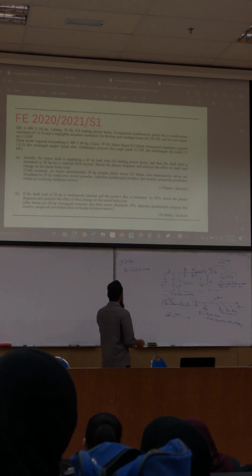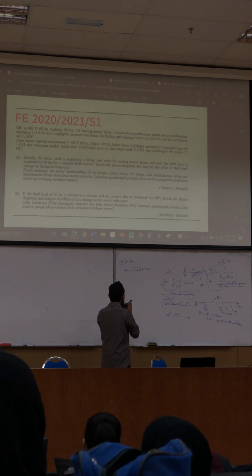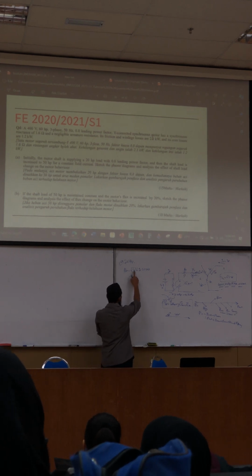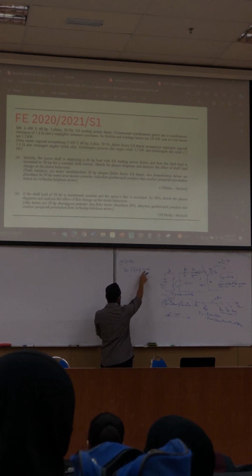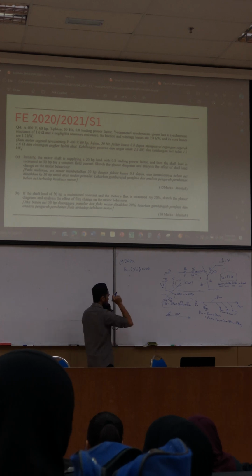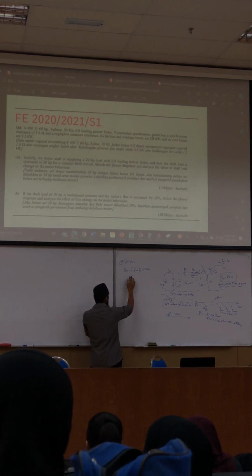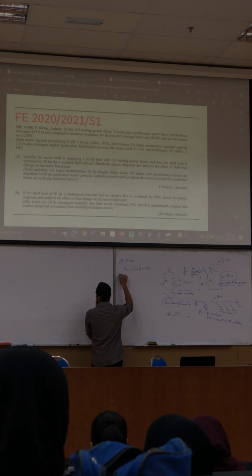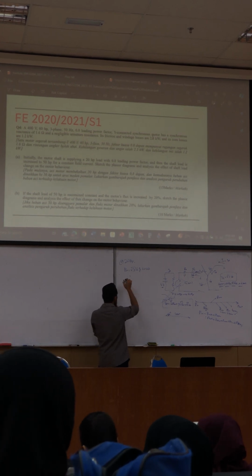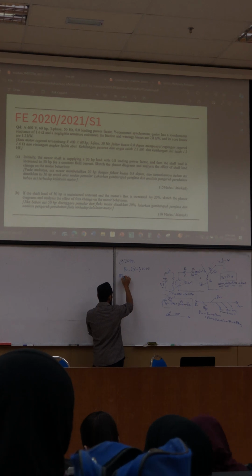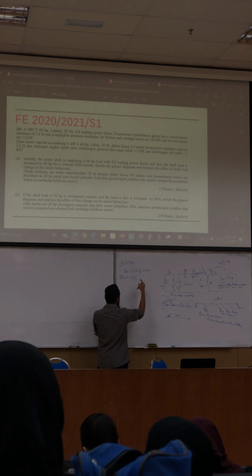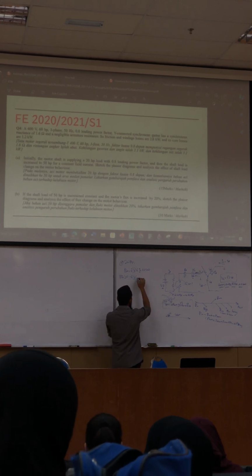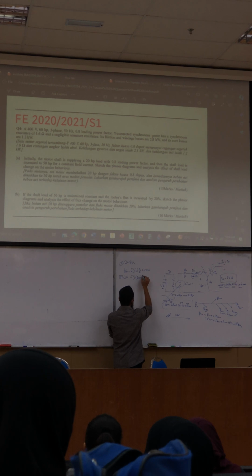So we have P in equal to root 3 V line I line cos theta. The unknown is your I line. V line already there, cos theta already given, P in already calculated just now. So you just put in the value. P in how much just now? Tak tulis kan? 18420 is equal to root 3 V line is 400, I line is your unknown, cos theta.